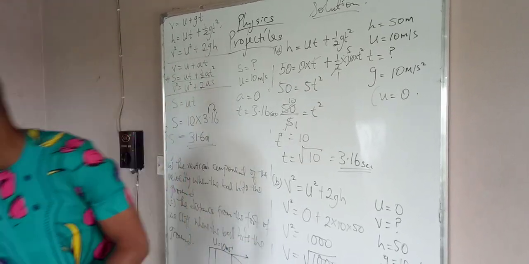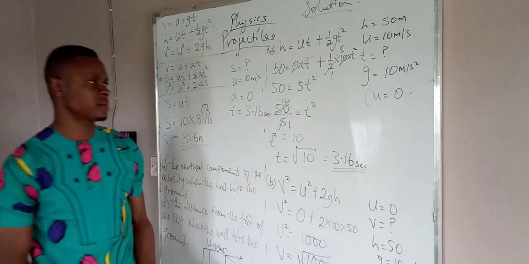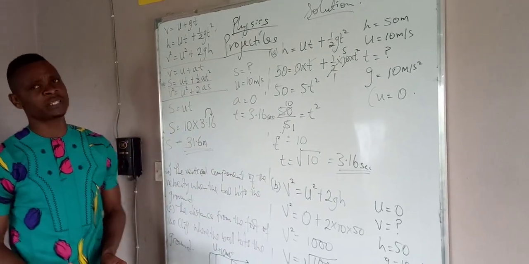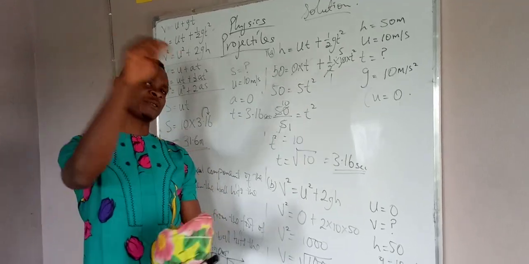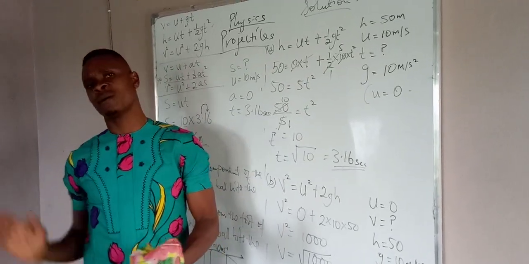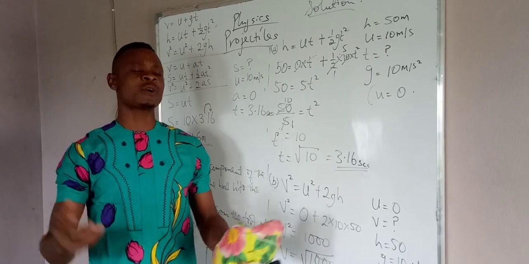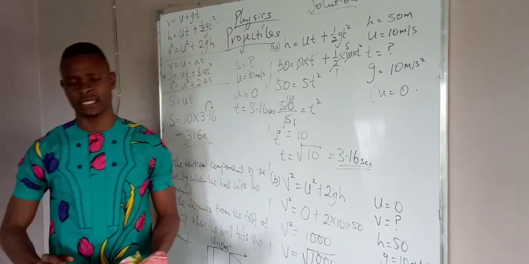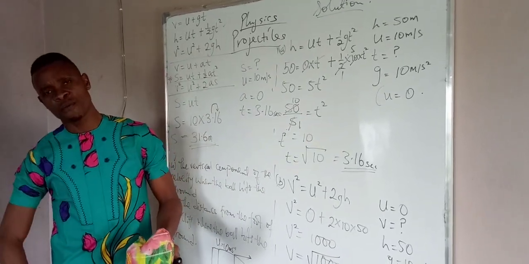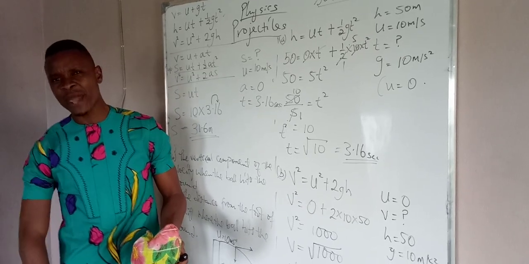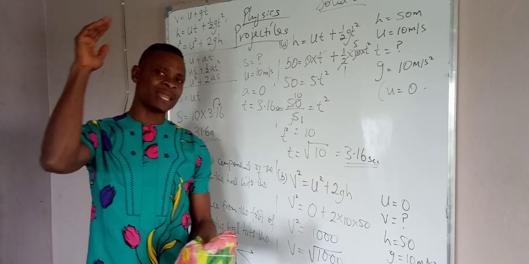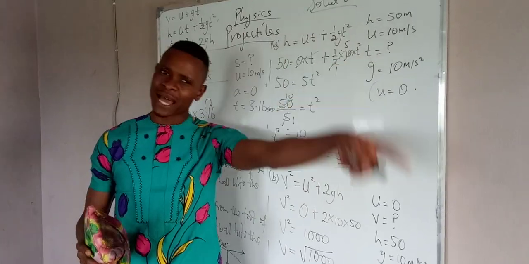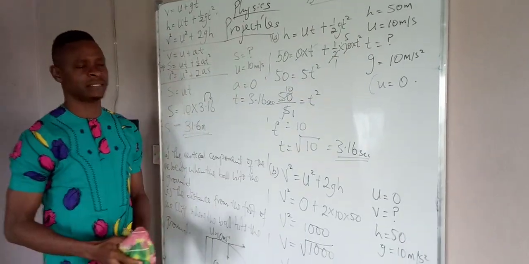When we now consider more on this, we see to it that projectile motion is not just observed from a height to the ground or from the ground to a height.